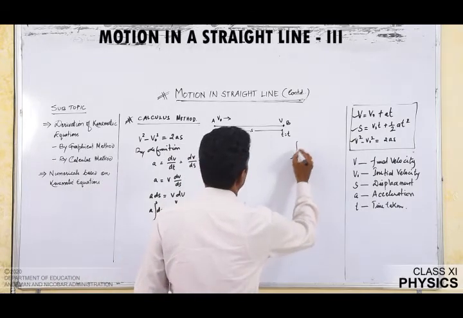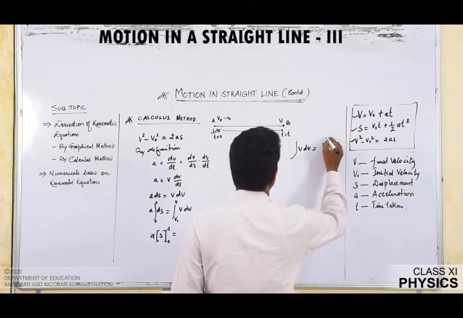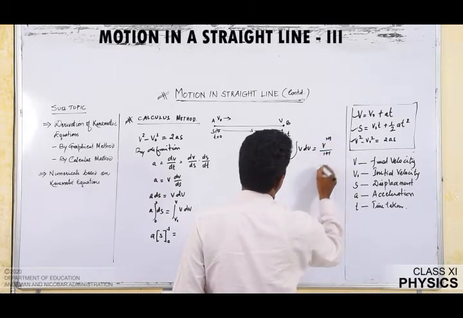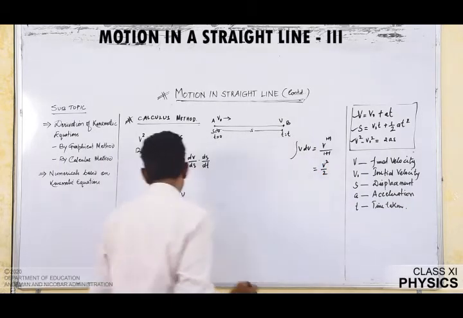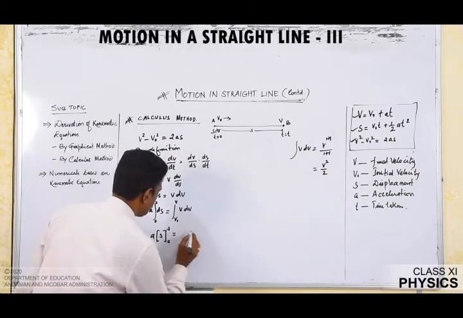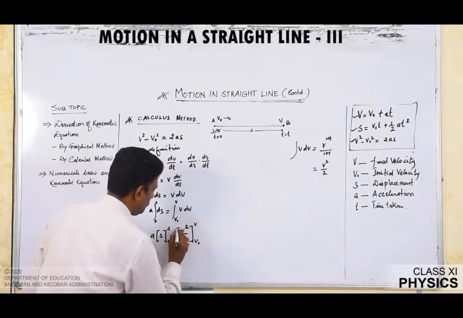So, integral of V dV can be written V to the power 1 plus 1 by 1 plus 1, that can be written V square by 2. So, here we can write V square by 2 having limit V naught to V.